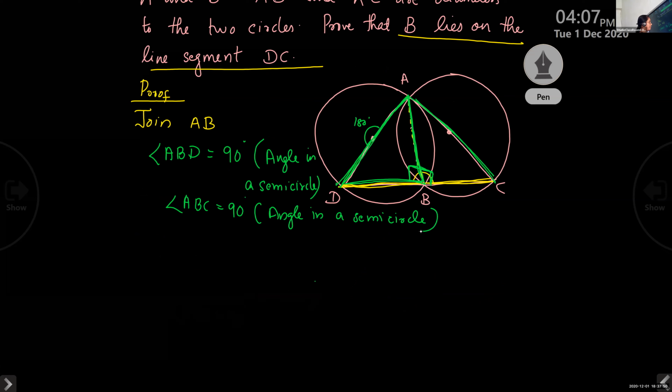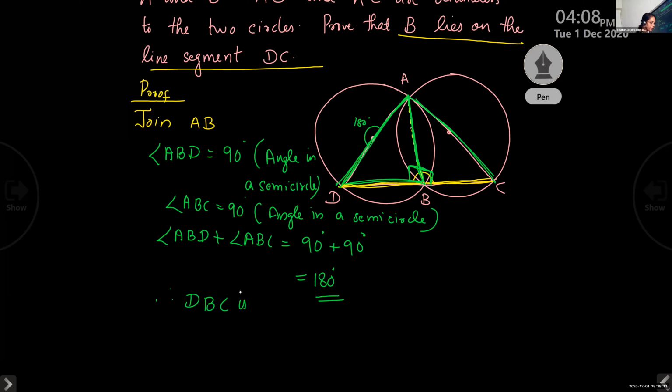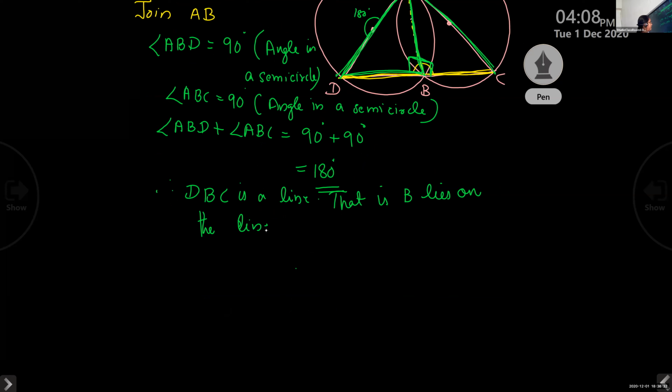So when you add both, angle ABD plus angle ABC equals 90 plus 90 equals 180 degrees. Therefore, DBC is a line. That is, B lies on the line segment DC.